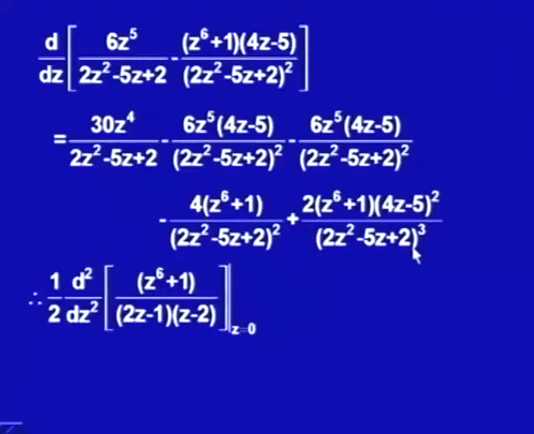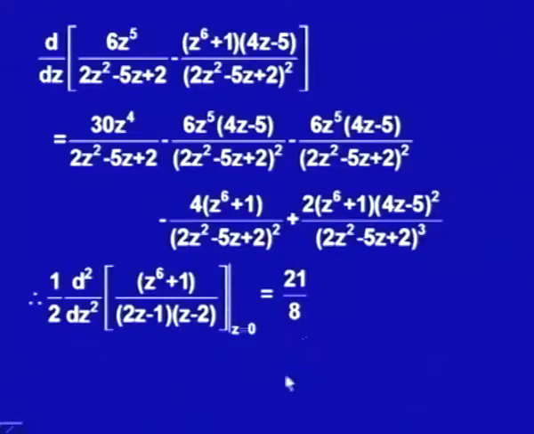So, 2 gets cancelled out, we get 4, and the numerator is 5 square, that is 25. So, here we have minus 4 upon 4, and here plus 25 upon 4, that is the net result 21 by 4 multiplied with half. So, we get 21 by 8.